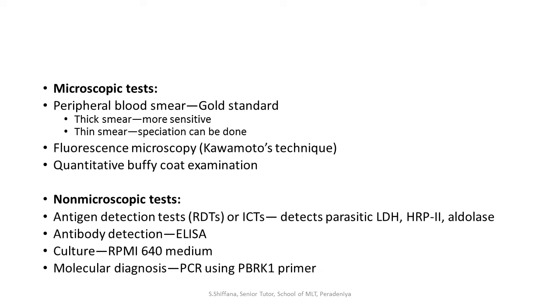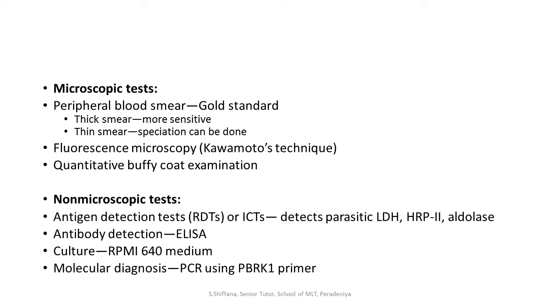When we consider the thick film, it is more sensitive, because we are adding more than 1 drop, nearly 3 drops of blood, and preparing the thick film. So here we concentrate the parasitic stages, so it is more sensitive. The thin blood film is mainly used for species identification.